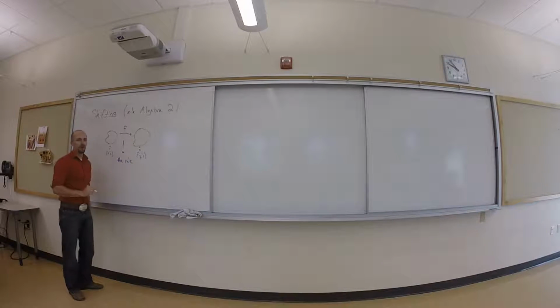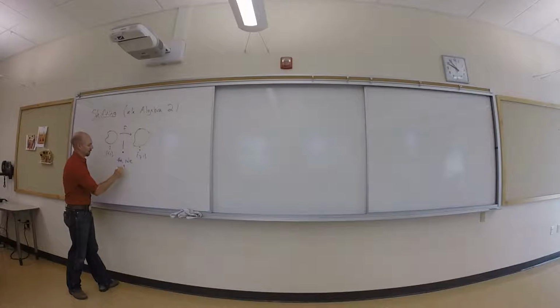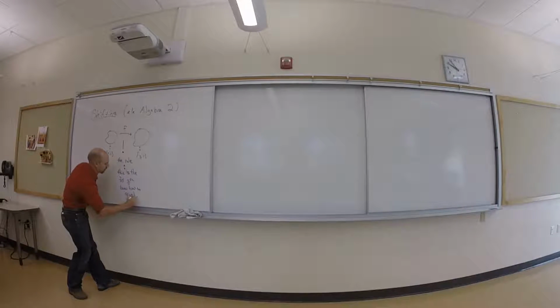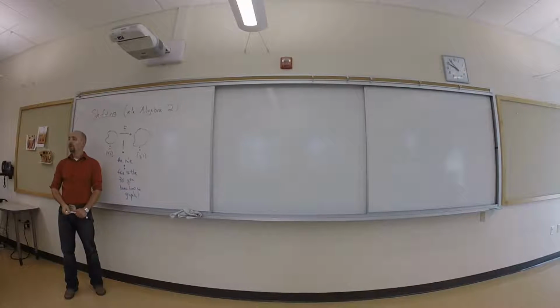Okay? So this is the function I know the picture of. This is the one I'm thinking about shifting. This is the function I know how to graph, or this is the function that looks like the graph I'm confronted with.